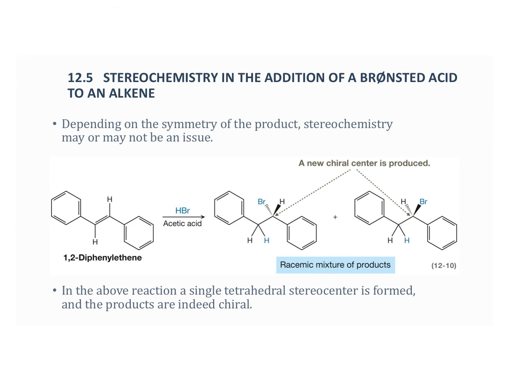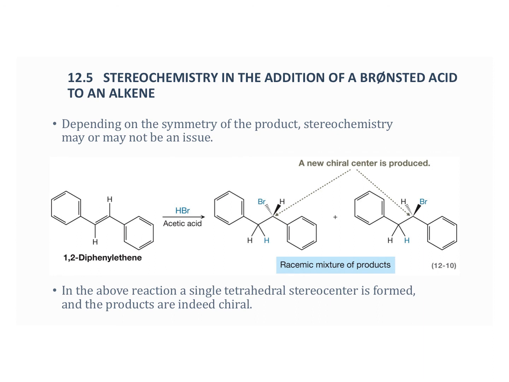All right, in an electrophilic addition reaction involving an alkene, both alkene carbons, which are initially planar, okay, which we see here, become tetrahedral in the product. And so it's possible for new chiral centers to be produced during the course of the reaction.